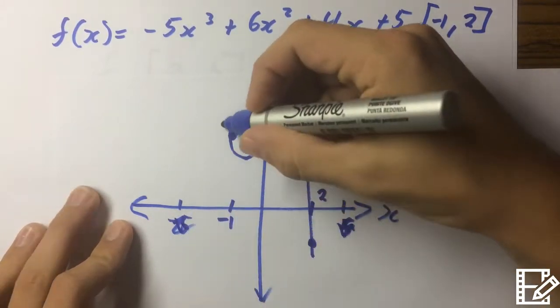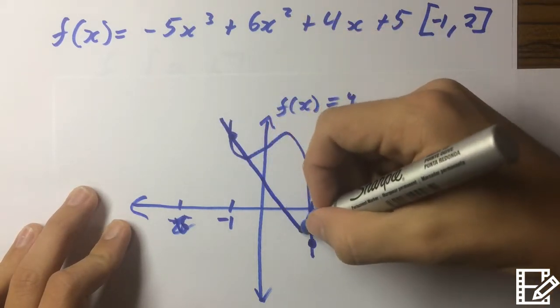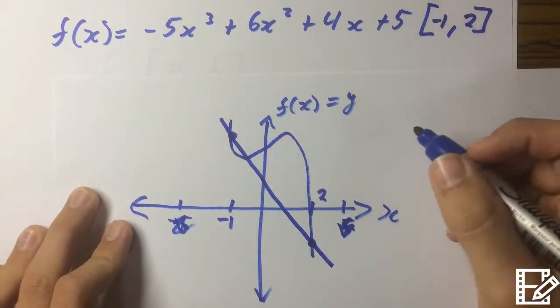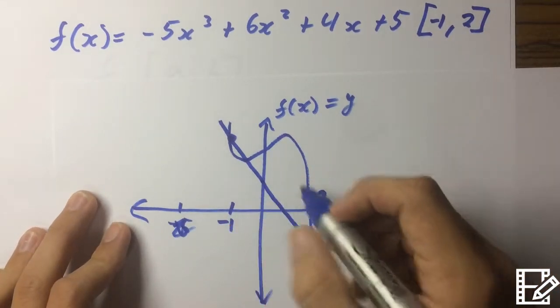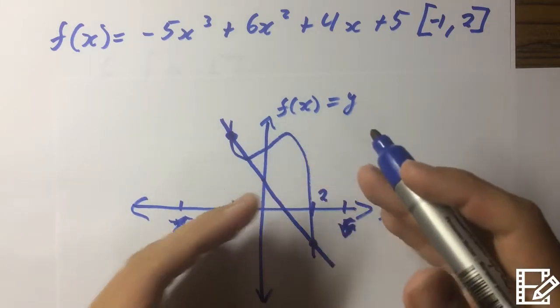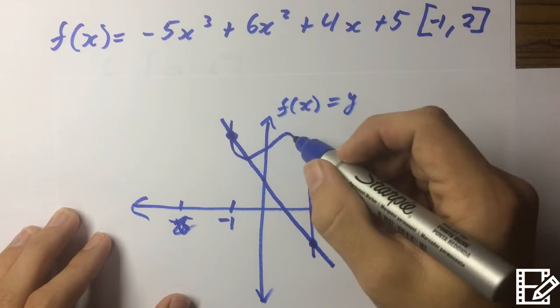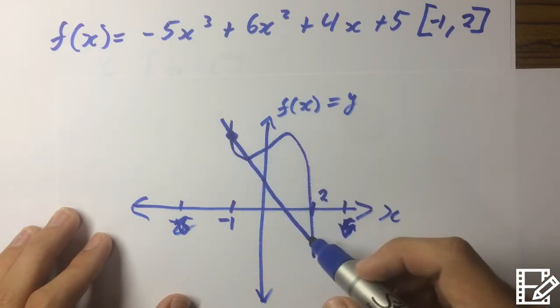Okay, and we're going to draw a line that passes through them both, and we're looking for the two points where on the function there is another slope that's parallel to this.